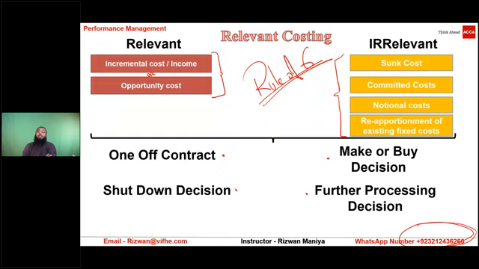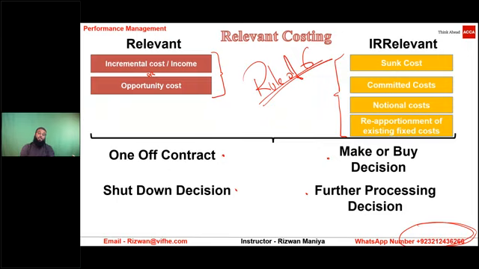A very simple example, you have one job that you are doing and that's paying you 100,000. And now you got an opportunity of the next job which is offering you 1,20,000. Now what will you do? Will you go for job 2? Will you continue job 1? No. If looking at the financial numbers, you want to go to job 2 of 1,20,000. So what you did, you went for the 120,000 job.